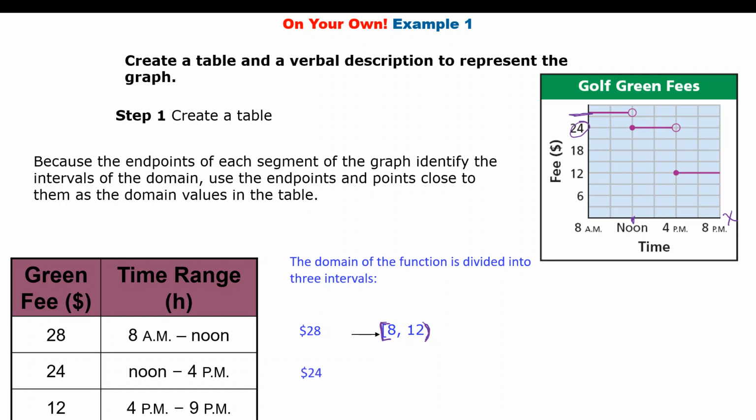All right, and if you come from 12 to 4, here's what your domain would look like. 12, notice it's included, the square bracket, and 4 is not included. All right, and that would be right here. But if you come at 4 o'clock, you're going to pay $12, and your domain is going to be the square bracket from 4 all the way to 9. Okay.